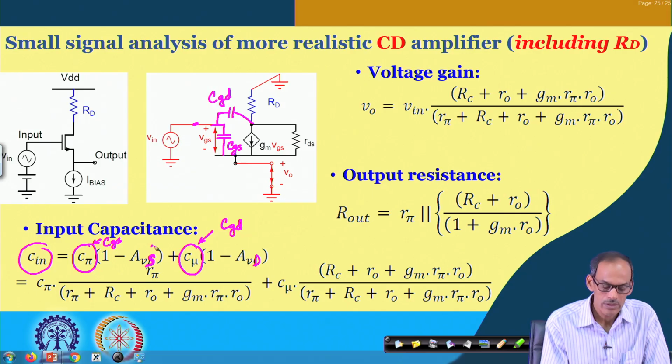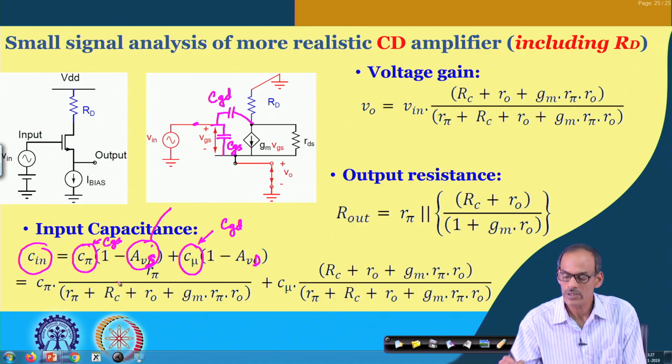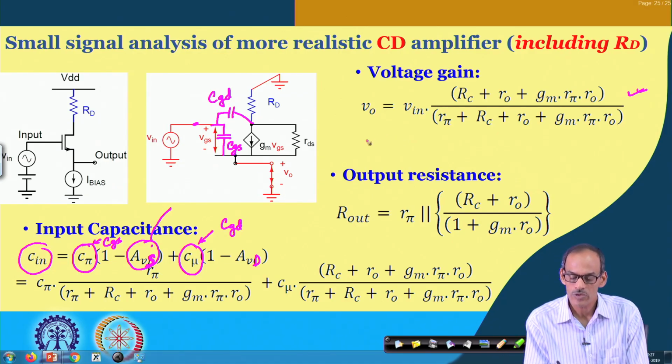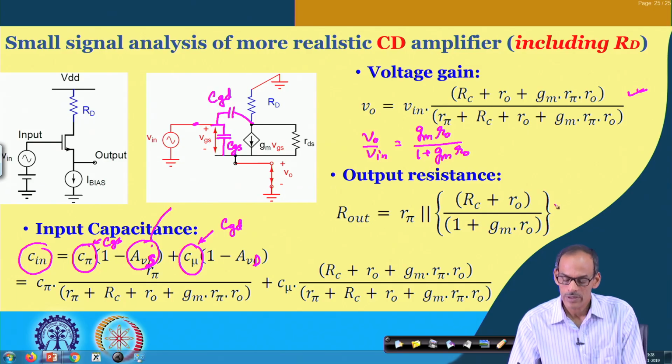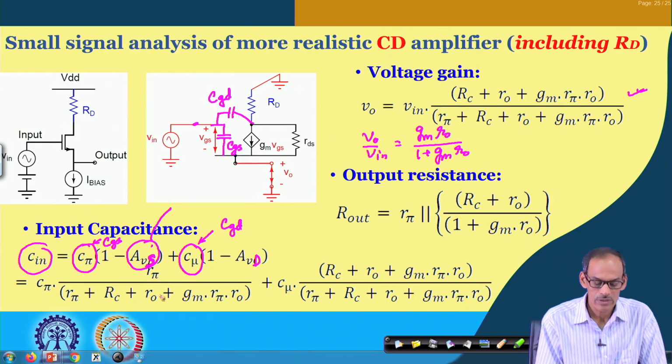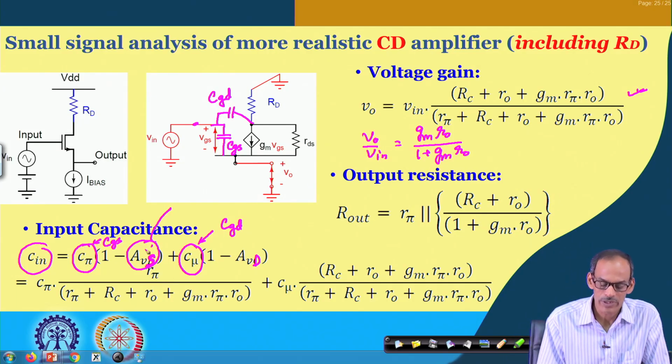And this gate to source gain we already obtained here, which is given here, and we say that the corresponding voltage gain V o divided by V in was G m R naught divided by 1 plus G m into R naught, and so that gives us the corresponding ratio.